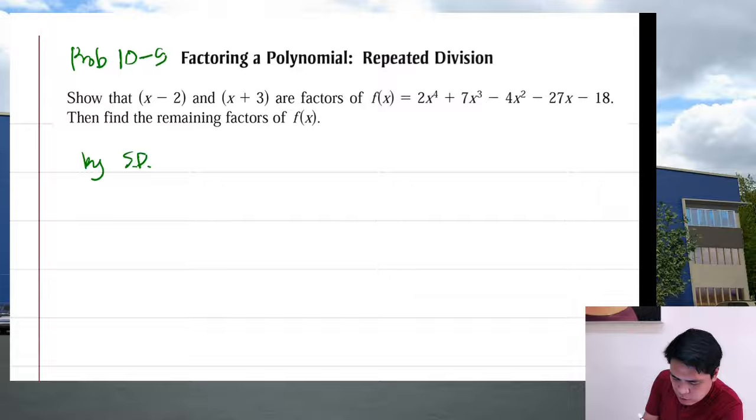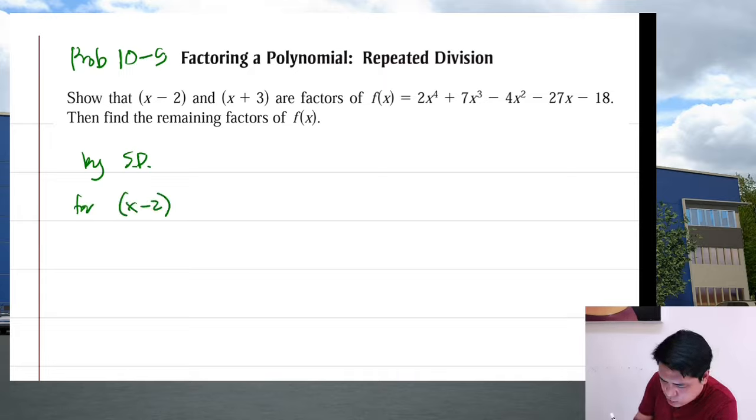So, let's try x minus 2. Let's copy the coefficients first: 2, 7, negative 4, negative 27, and negative 18. Then x minus 2 equals 0, so we equate that to 0, and x is equal to 2.